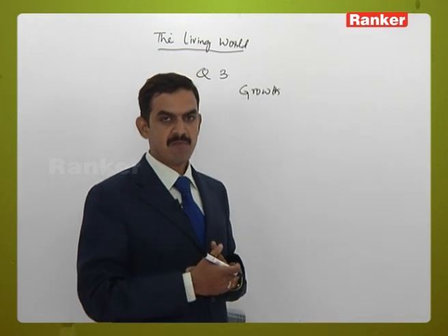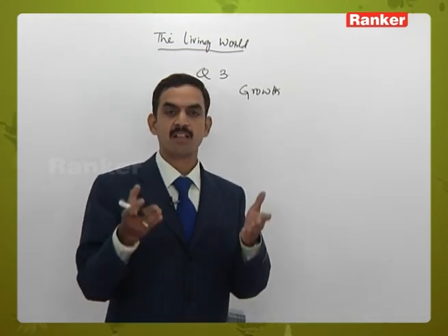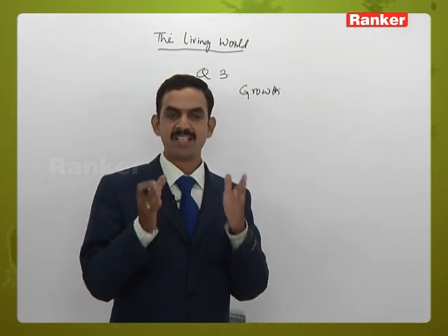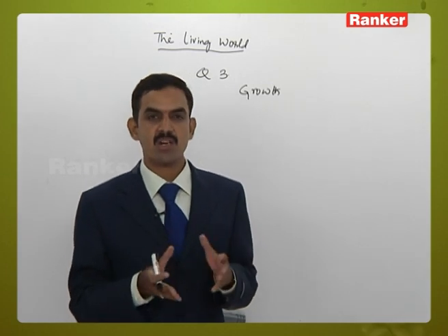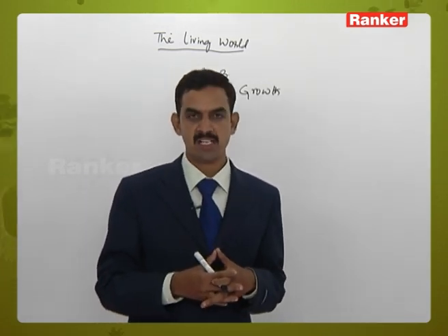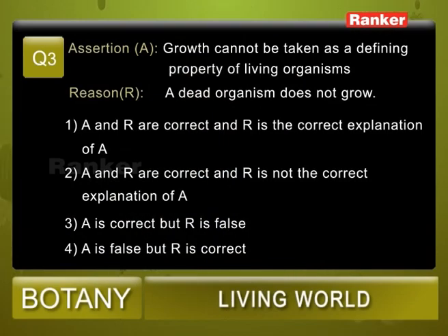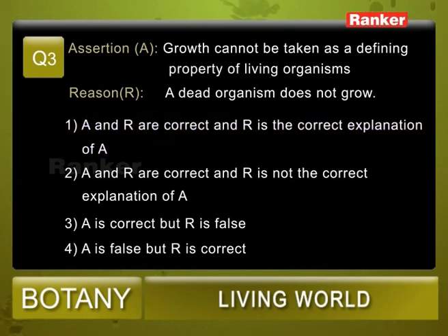Why is it not a defining property? Here there are some organisms which become dead, and when they become dead they do not grow. So that is the reason why we cannot say that growth is a defining property of a living organism. So according to these statements, both A and R are correct and R is the correct explanation of A. So question number 3, the correct answer is 1.